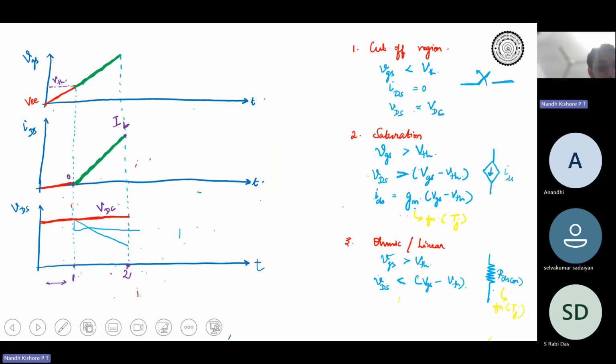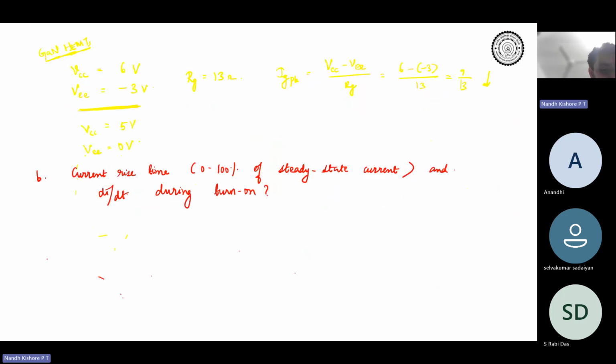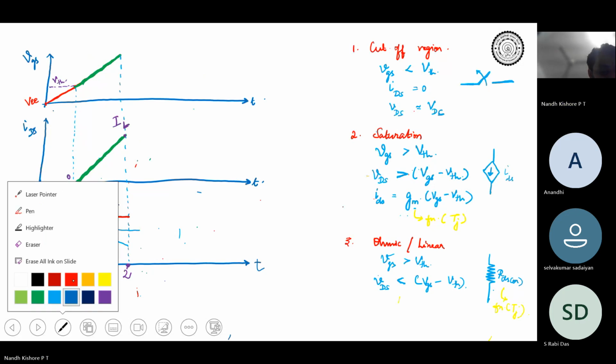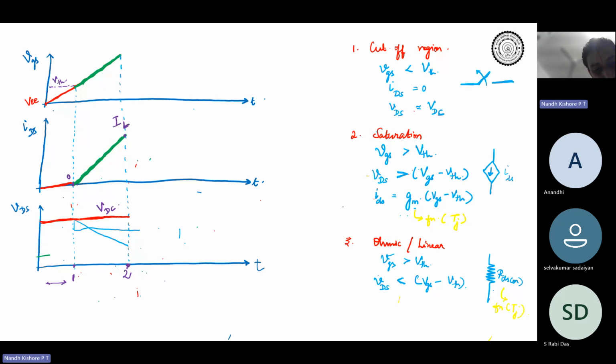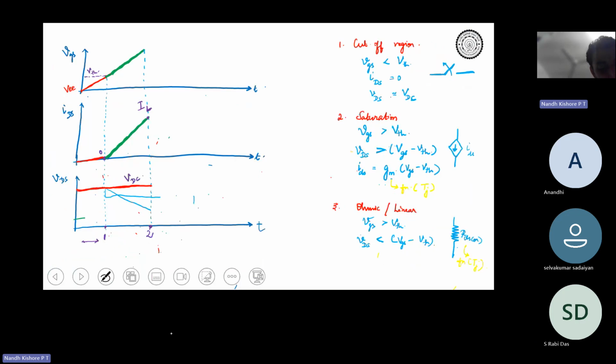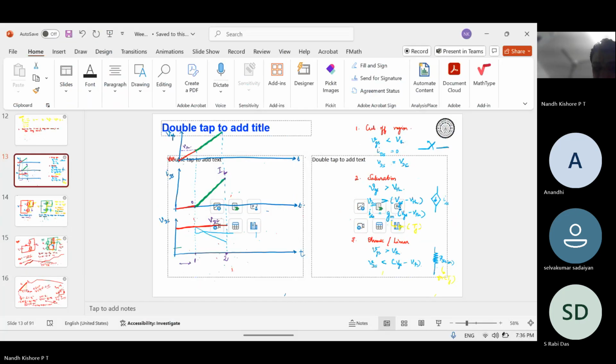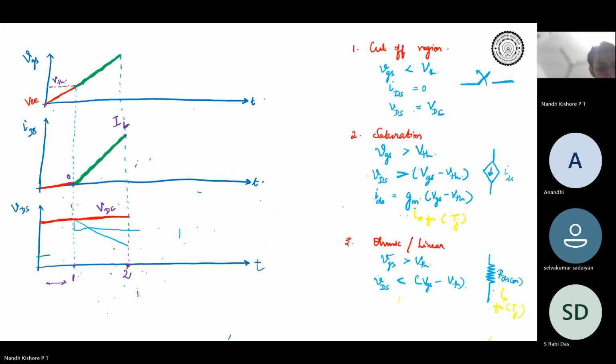So that is why the DC bus voltage, or the drain source voltage, remains at VDC until your IDS hits IL, until this point.